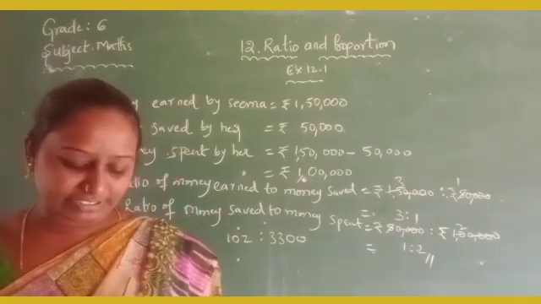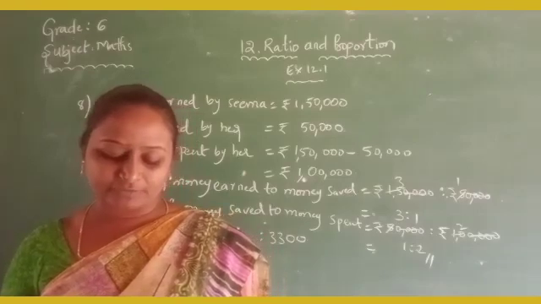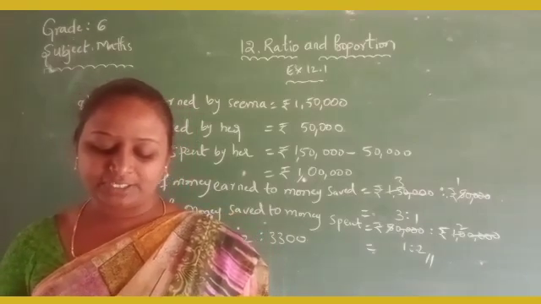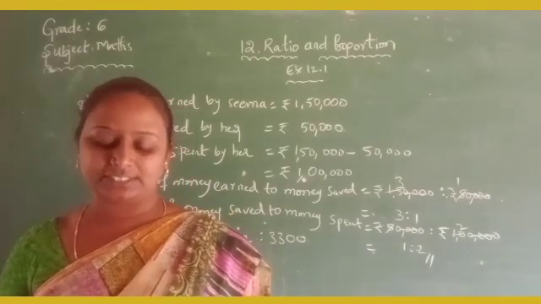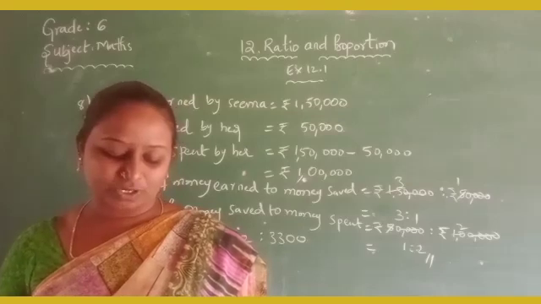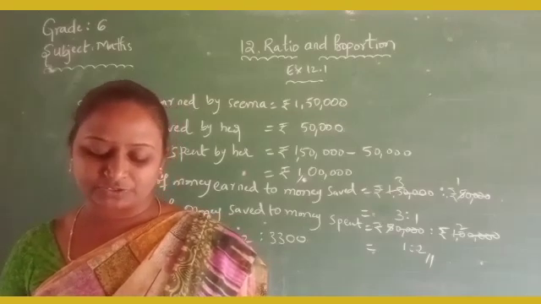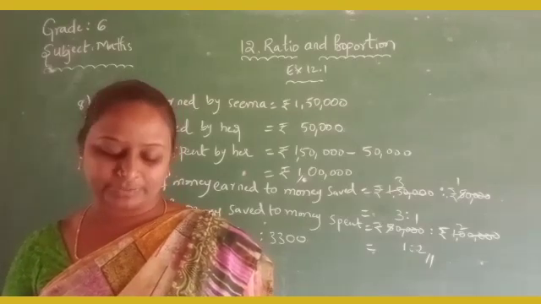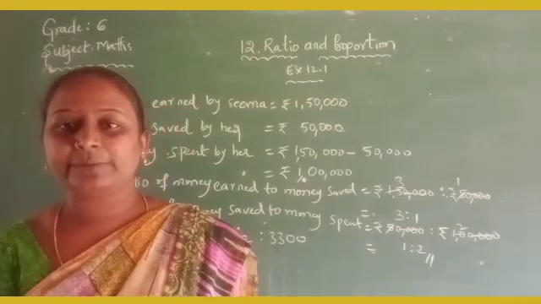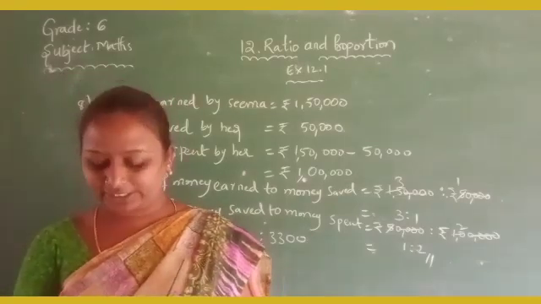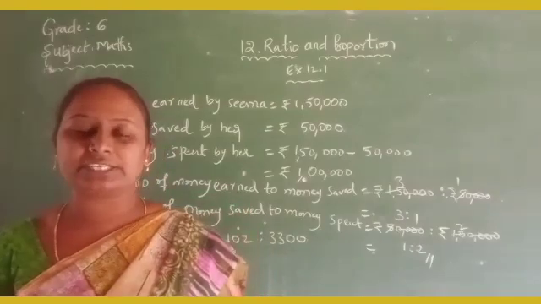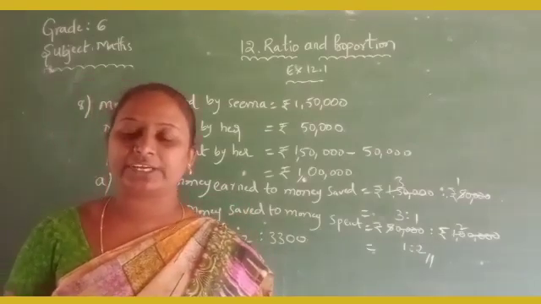And the 10th one: in a college, out of 4,020 students, 2,300 are girls. Find the ratio of the number of girls to the number of students, the number of boys to the number of girls, and the number of boys to the total number of students. Same procedure. Total students are given, girls' strength is given, boys are not given. How to find the boys?